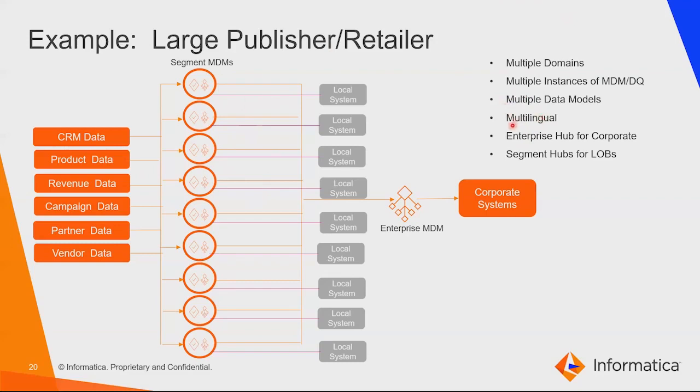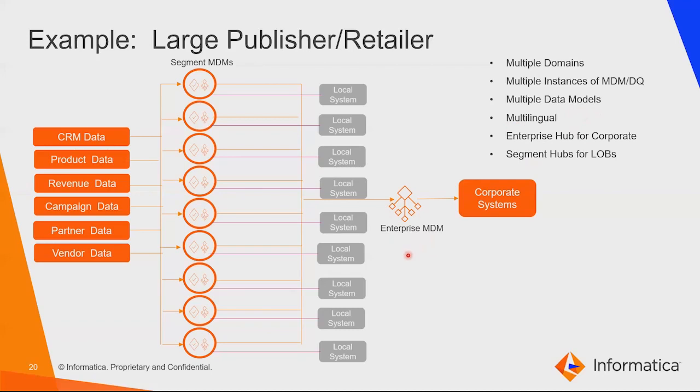Whenever we are talking about an international enterprise that has data coming from multiple countries and multiple languages, that could also influence what kind of data model is used, because different languages can require different data sets, different match rules, different population files, and such. And then your enterprise hub is used for corporate use cases.